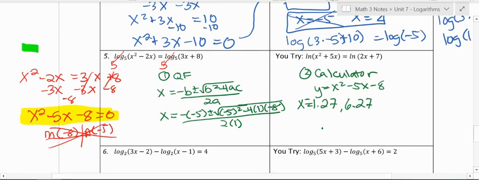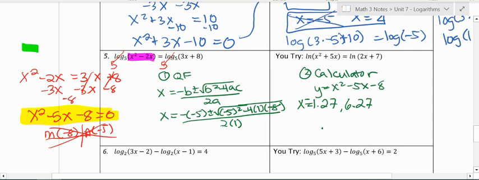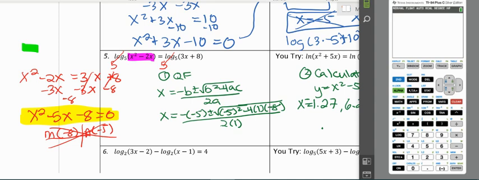All right, now that we got these two solutions, we're going to see if these actually work out. So if I go ahead and type this in here, I want to make sure I'm getting a positive value. So if I go ahead and substitute that in, I have negative 1.27 squared minus 2 and then negative 1.27. I do get a positive answer. And then I'm going to try the second one out.